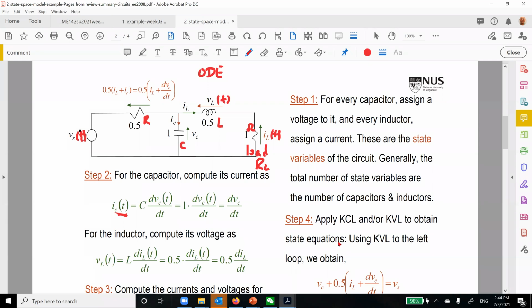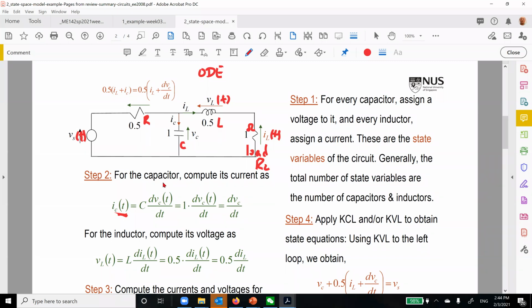So let's continue. You have a capacitor in here. This equation is called the constitutive equation, which shows how the across variable and through variable are connected. Fortunately, C is 1, so this is dVc dt. I think everybody knows.